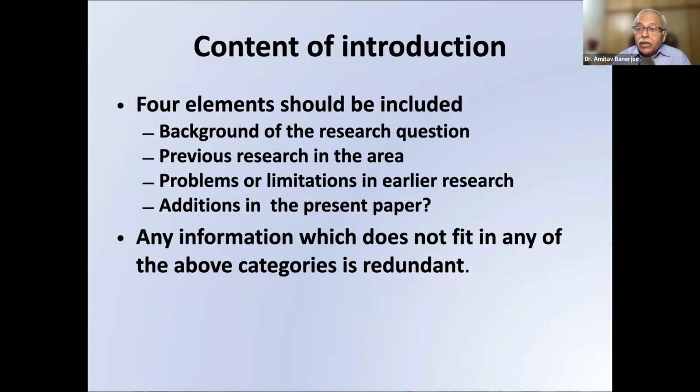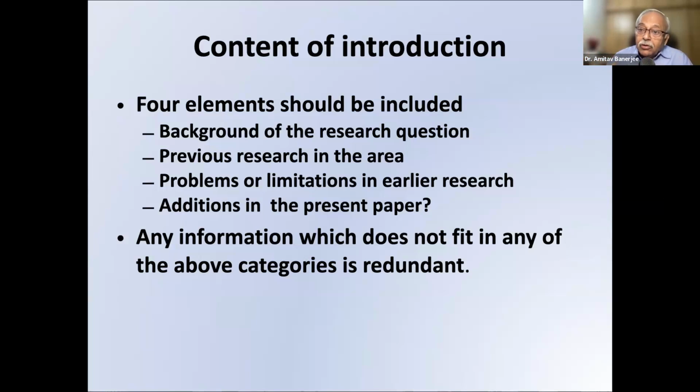Then the second paragraph is what has been done. You have to search the literature, yoga and backache, and give a very brief summary. First paragraph, you establish the importance. Second paragraph is a synthesis of the research done. Third paragraph, the limitations in the earlier research.